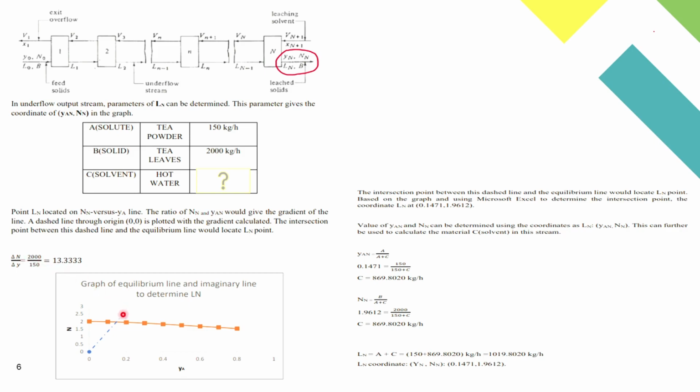Hence, a dashed line through the origin 0, 0 is plotted with the slope of 13.333, and the intersection point between the dashed line and the equilibrium line will give us the coordinates of Ln at Yn and Nn. Using the coordinate values of Yn and Nn, we could find the material C. And here are the calculations for our underflow output stream.